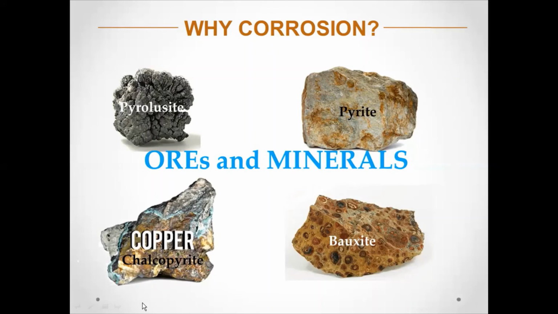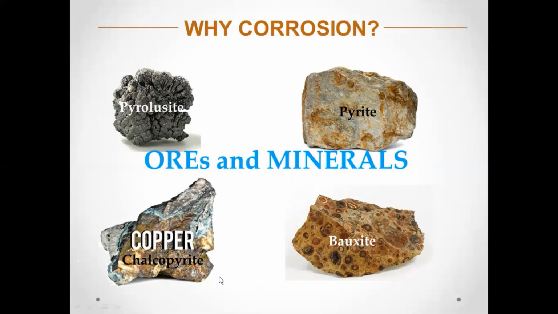Same is the story with chalcopyrite, from which we get copper. So what is chalcopyrite? It is the combined state of copper in which copper is comfortable to exist in nature. So these ores and minerals are the combined state of the respective metal, and since these combined states exist in nature, they are the thermodynamically most stable state of that metal.